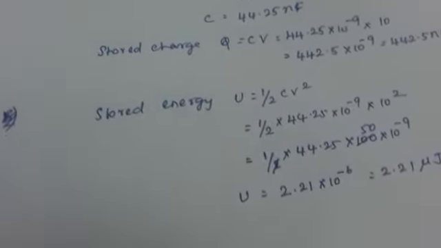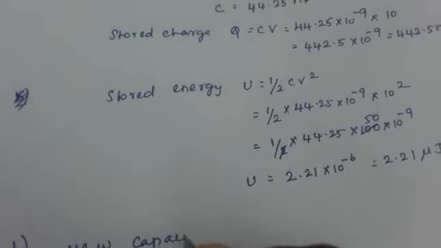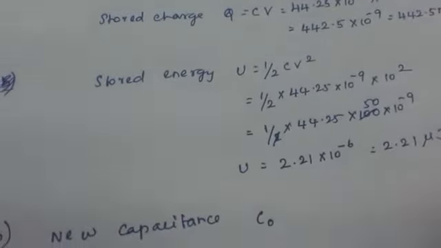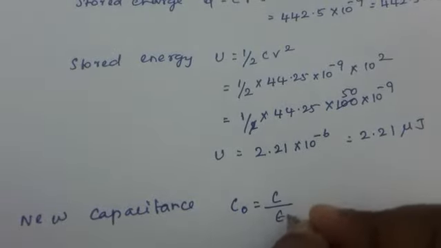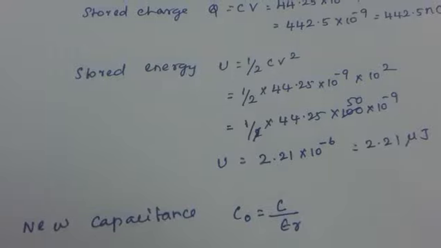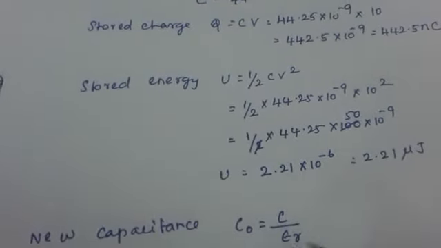So what is the new capacitance? We can write the new capacitance as C0. C0 is equal to C by epsilon R. So it is a comparison of the capacitance without the dielectric and with the dielectric.